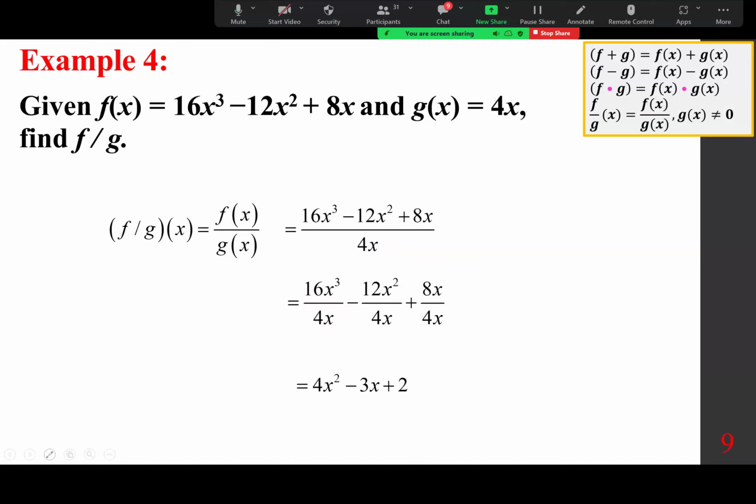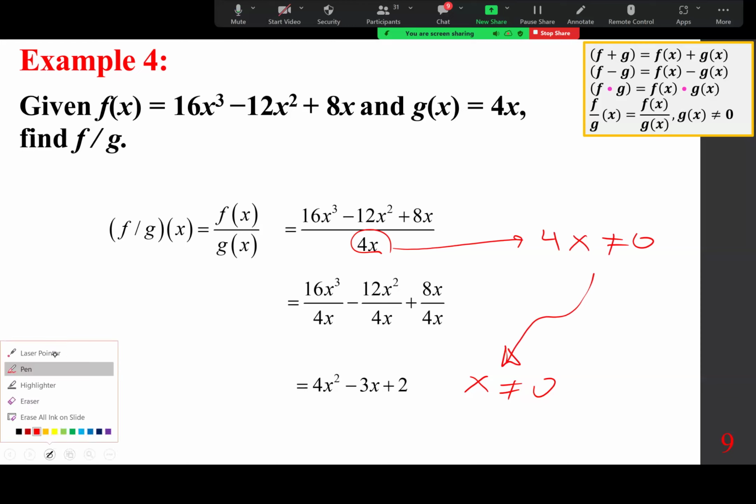And of course, you have to write it somewhere that x can't be 0. Remember, 4x, the denominator can't be 0, which means x can't be 0. That's the meaning of it, everybody.